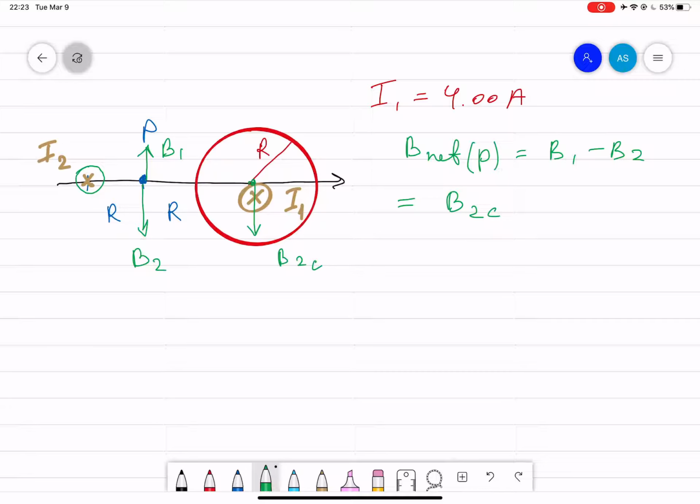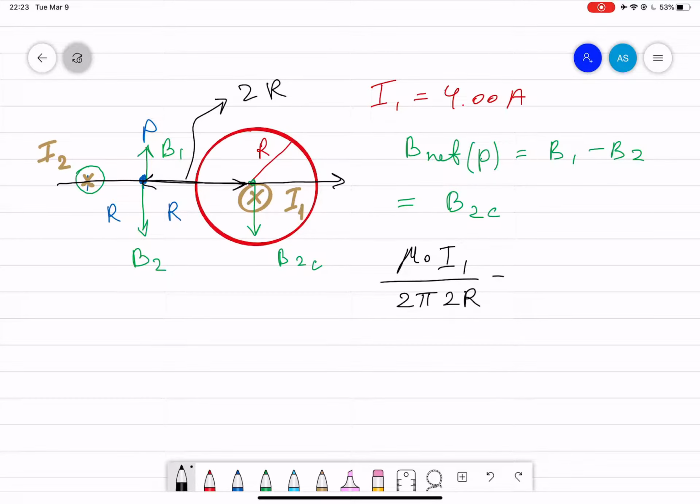Okay, so let's plug in the numbers. B1 is pointing upwards, so I call it positive. That is coming from current 1, which will be mu naught I1 divided by 2 pi, and the radius is 2r, so the distance is 2r.